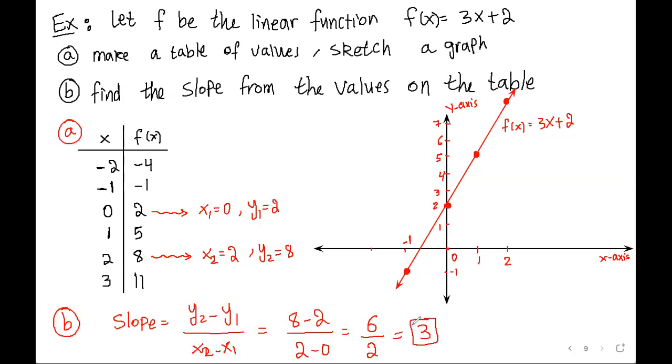And this is true. Why? If we go back to the linear function, as I said before, this is the slope of the function. This is the y-intercept of the function. Again, this is the slope here, and we get the same slope.